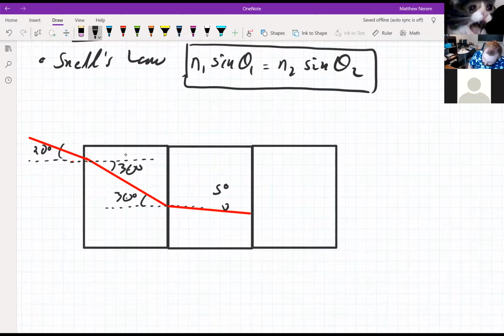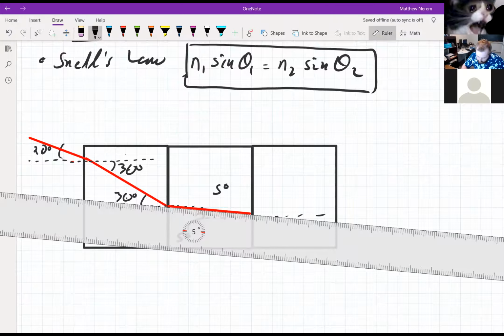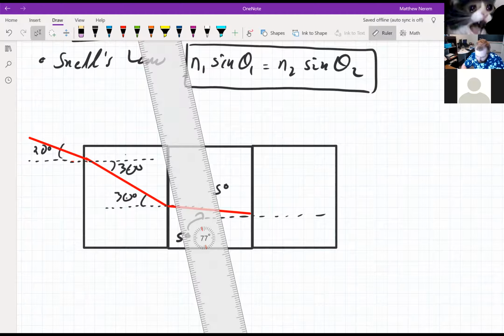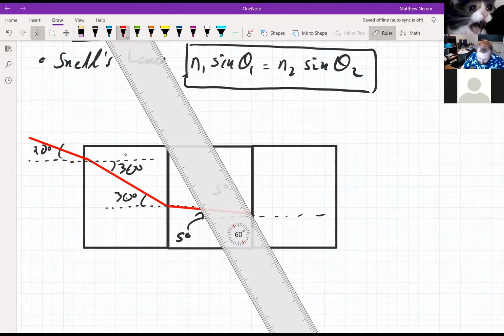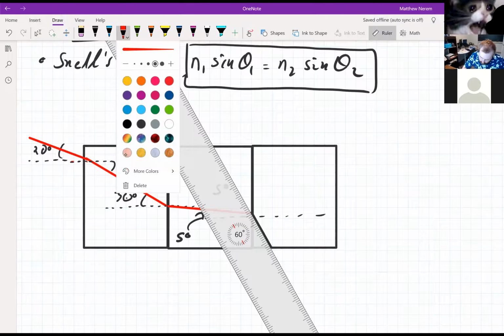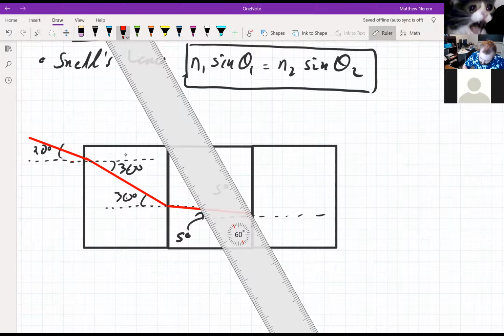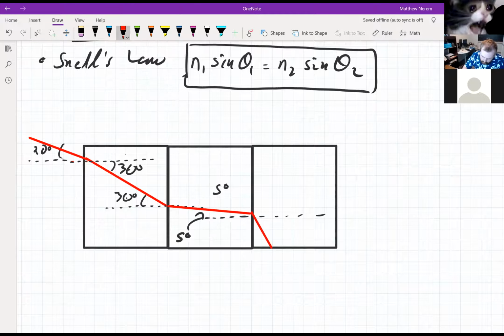Also 5 degrees. And then we'll just bend way out. And 1, and 2, and 3. Which one's the greatest index of refraction?